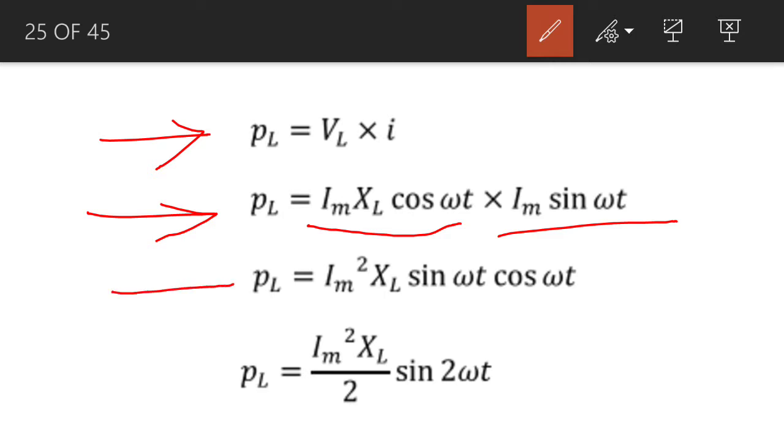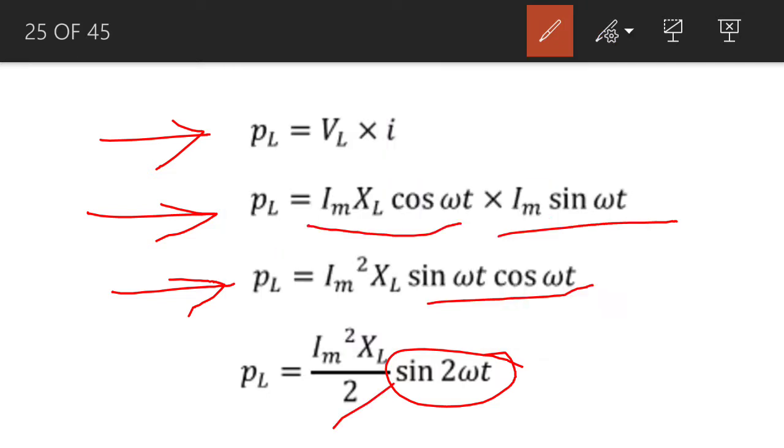If we simplify the right hand side of the given equation, the power taken by the inductor is equal to Im square XL sine omega t cos of omega t, and we know that sine of omega t cos of omega t is equal to sine of 2 omega t by 2.